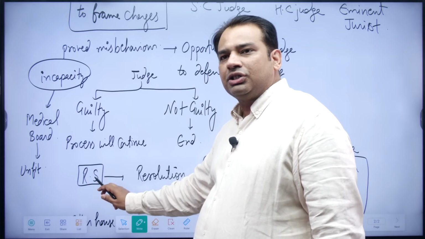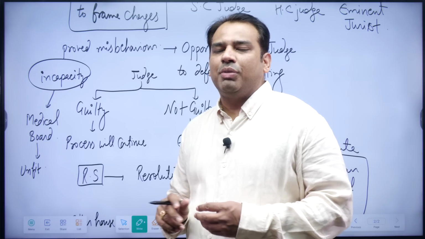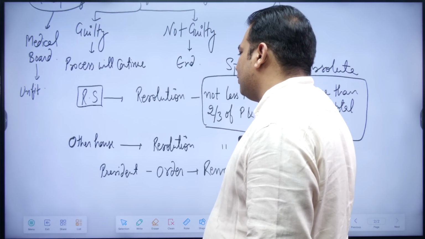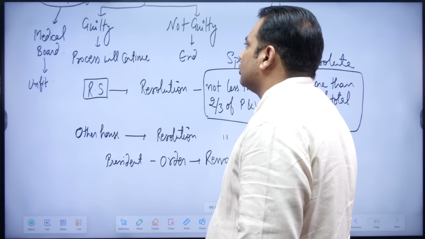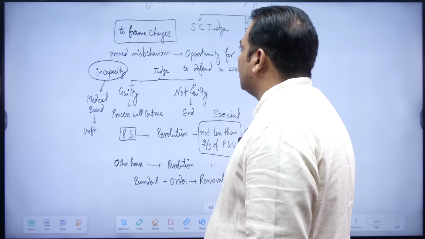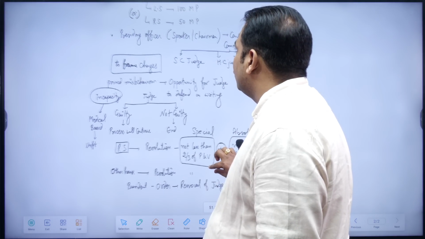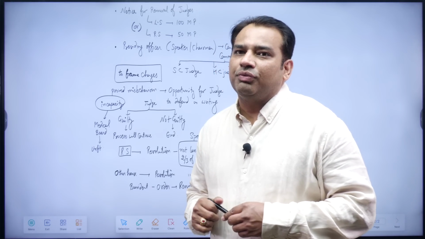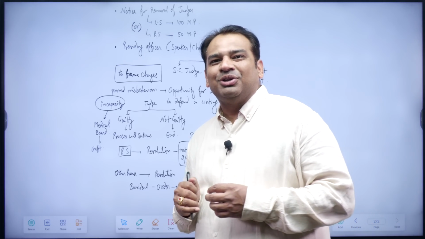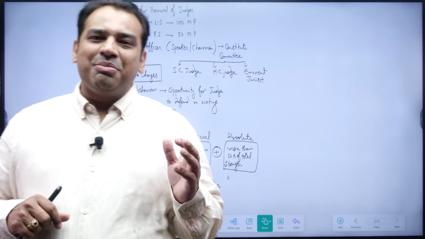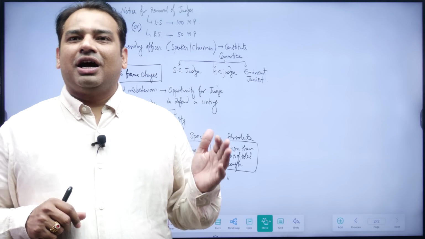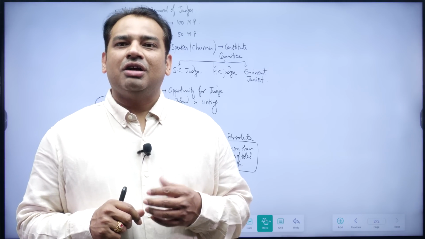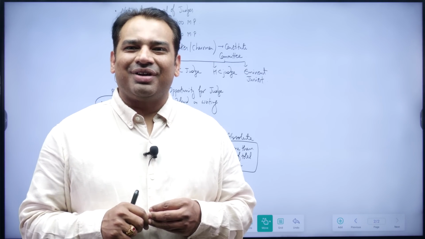That means the first house, second house, both have to pass this resolution, and thereafter the final matter goes to the president for removal of a judge. So this becomes a procedural formality for removal of judges of the Supreme Court or High Court in the context of our country. I hope this will clarify the removal of judges of the Supreme Court and High Court in our country, and it is one of the recent current topics, very useful for polity and governance.